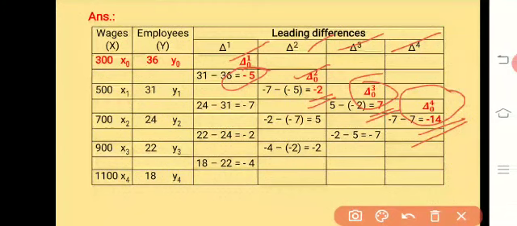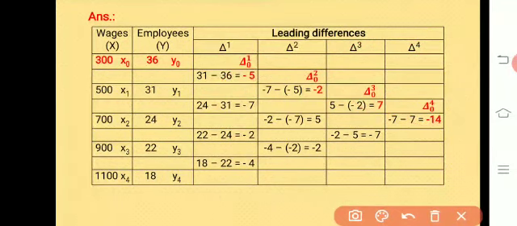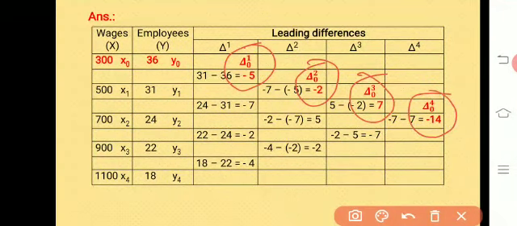So all these values, that is minus 5, minus 2, 7 and minus 14, we are using in the solution. Also we require this y0 value. Y0 value is 36.